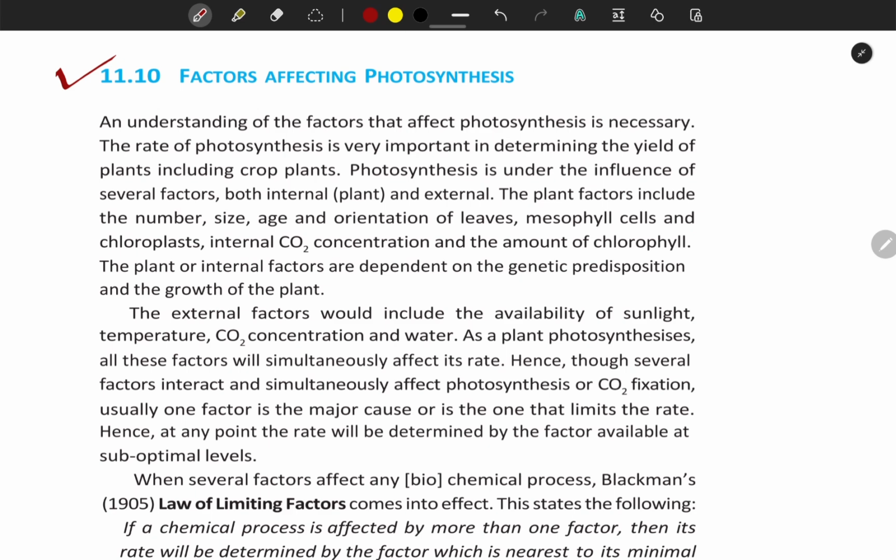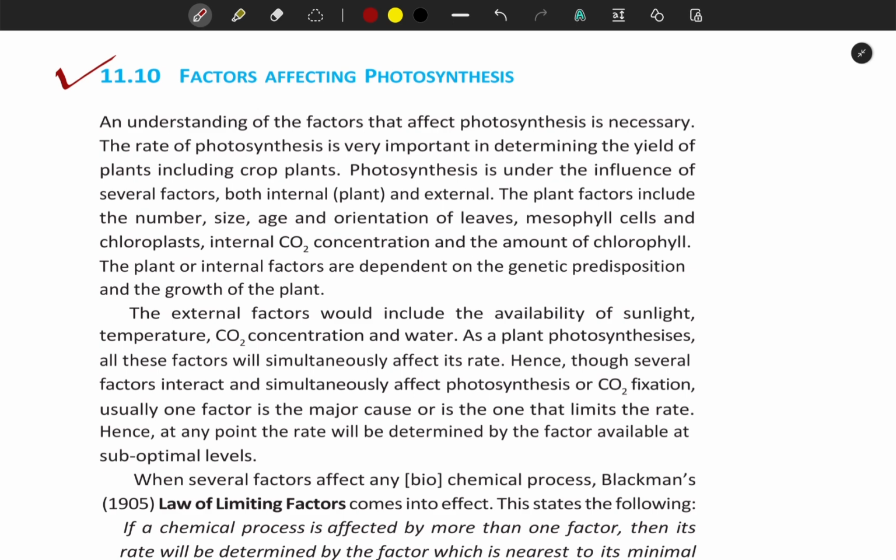11.10 Factors affecting photosynthesis. An understanding of the factors that affect photosynthesis is necessary. The rate of photosynthesis is very important in determining the yield of plants, including crop plants. Photosynthesis is under the influence of several factors, both internal (plant) and external.